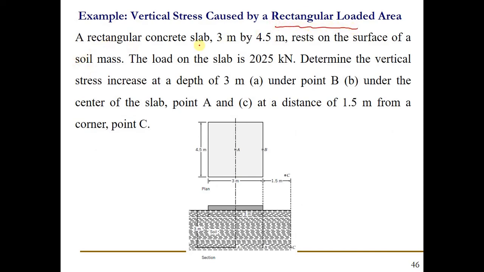So a rectangular concrete slab 3 meter by 4 meter. So this is the 4.5 meter length and 3 meter width. It's a top view. The width is 3 meter.